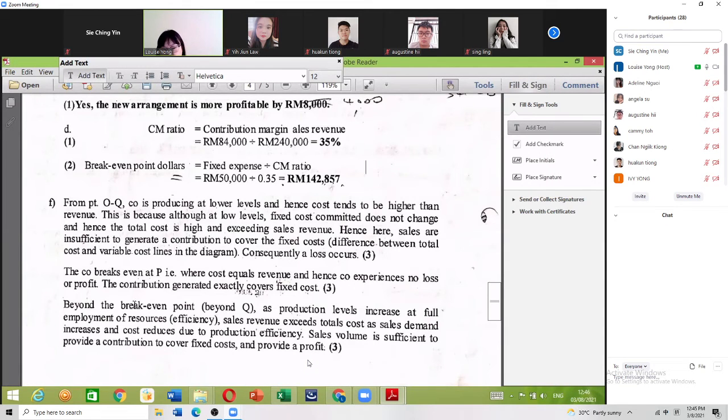Here the company enjoys full employment or resource efficiency, right? So your sales revenue here is more than your total cost. Here the company has sufficient contribution to cover your fixed costs and then produce a profit.